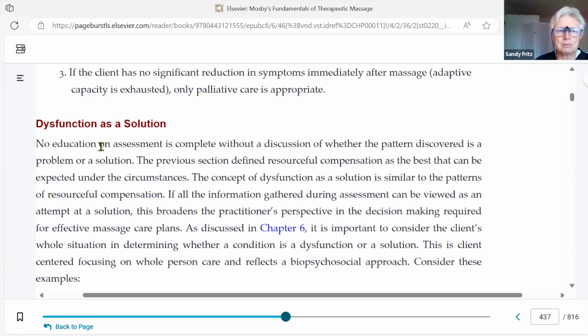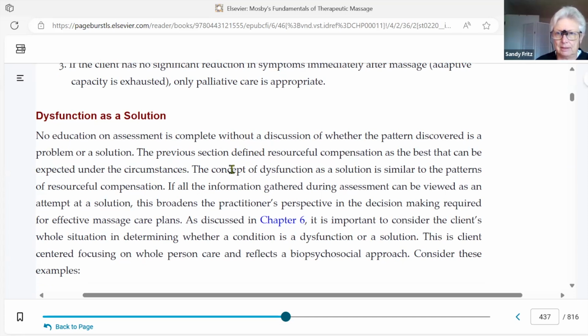So sometimes we have to look much bigger than, this person is prone to headache. So we must be having to deal with neck extensors, and there's got to be a trigger point or something in there, and it doesn't improve. So maybe that's a solution there for somebody. Maybe that's the best they can do to manage and cope with their life as it is.